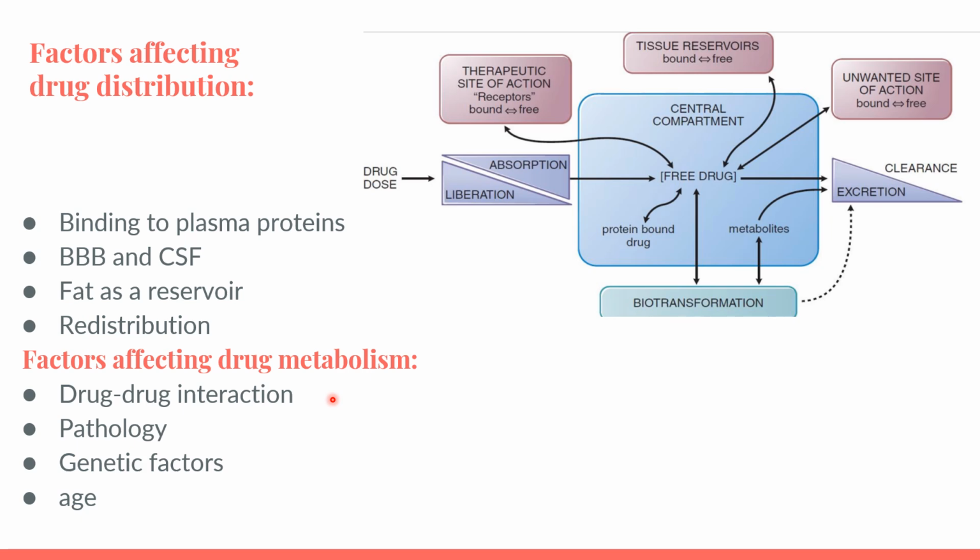And when administering multiple drugs at a time, they might be competing on the receptor or on the binding site inside the liver to be metabolized. Pathology, if the patient is ill, genetic factors, if the patient has a certain genetic mutation in a protein that is involved in the drug metabolism, and of course age.